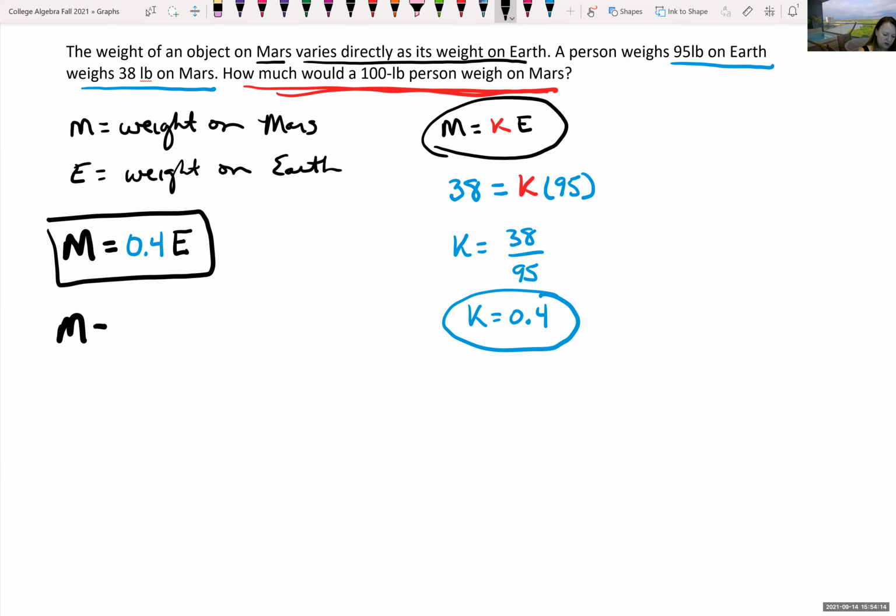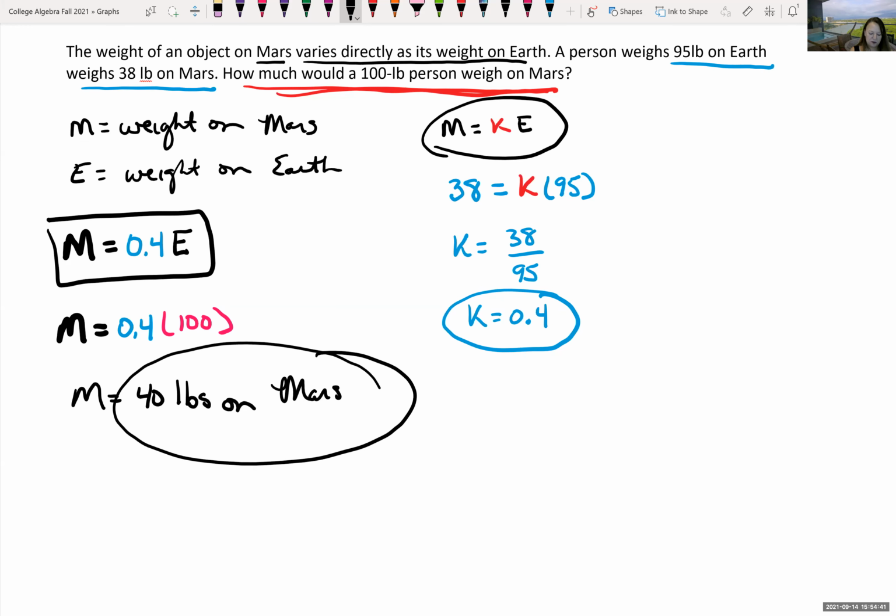So M is equal to 0.4 times 100. Okay. So M is equal to 40 pounds on Mars. Okay, so a 100-pound person would weigh 40 pounds on Mars.